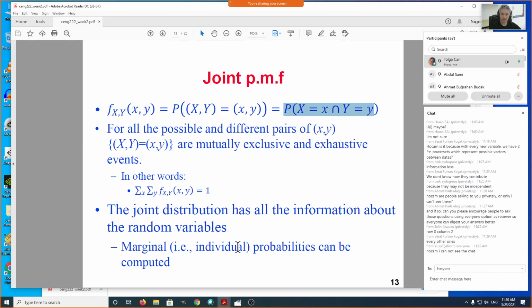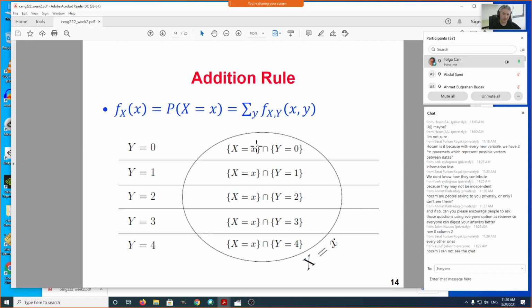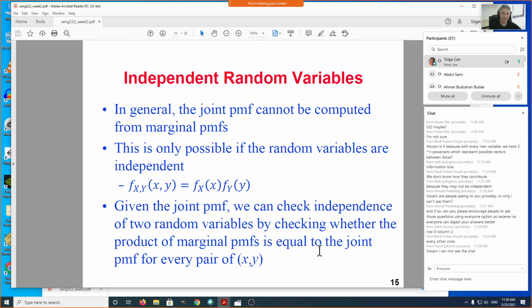All right, so I talked about the marginal probabilities. We can just add up. This is the same as the law of total probability. You can just add up all the probabilities that Y can take to figure out the individual probability that X is equal to x. We just did that on this table as an example.